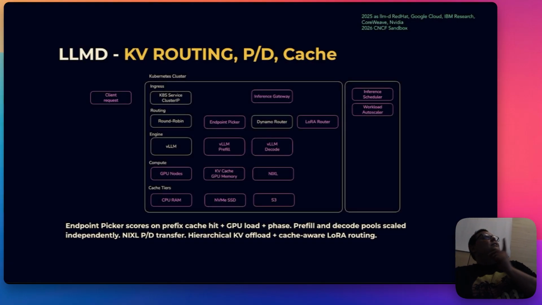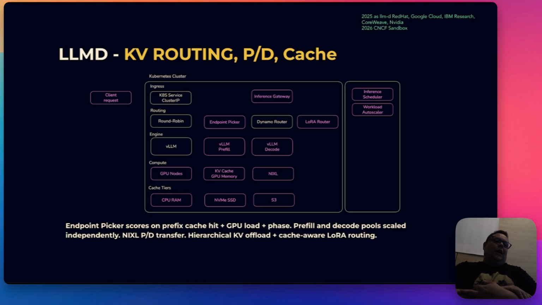So technically, there's another project in the CNCF. It's called llm-d. This was founded in 2025 by Red Hat, Google Cloud, IBM Research, CoreWeave, and NVIDIA. And then they became a CNCF Sandbox project at the beginning of this year, right? So Red Hat was really pushing it to the CNCF, so that people start sharing implementations.